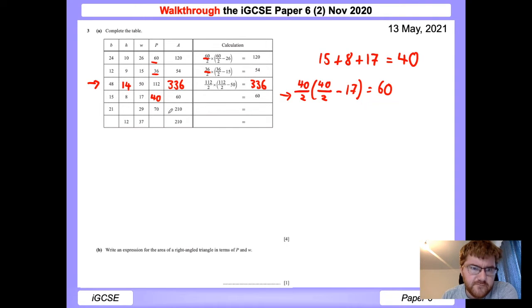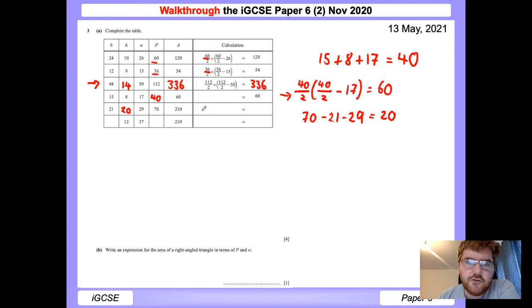So if I look at this one, again, I can use the perimeter to work out the missing value. So I can do 70 minus 21 minus 29. And that's going to give me 20, I think. Again, I'm always double checking. 41, 61, 70. Yep, I'm happy with that. That's going to be 20.